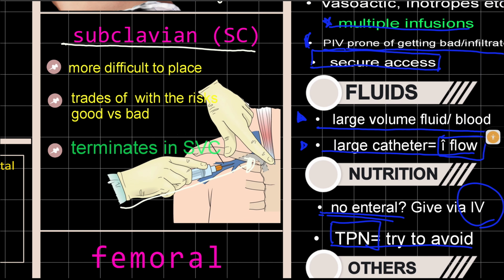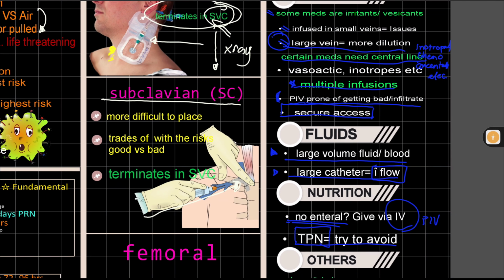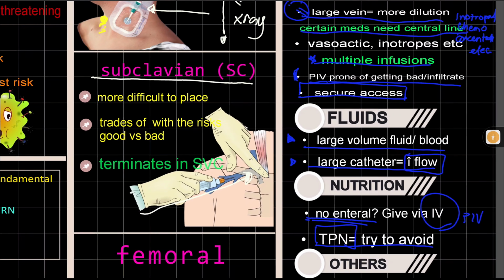I typically don't see doctors inserting subclavian because it's kind of difficult. Your subclavian artery and subclavian vein are really close to each other, and there could be a big probability of arterial cannulation. So that's why most often I see IJ, or internal jugular side. They're using the internal jugular side.